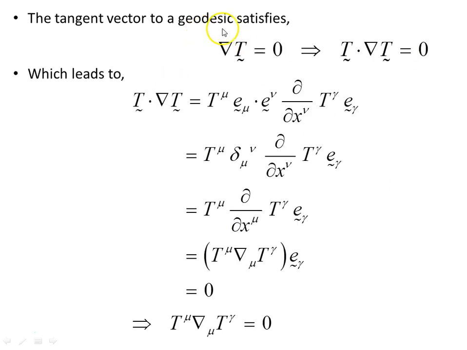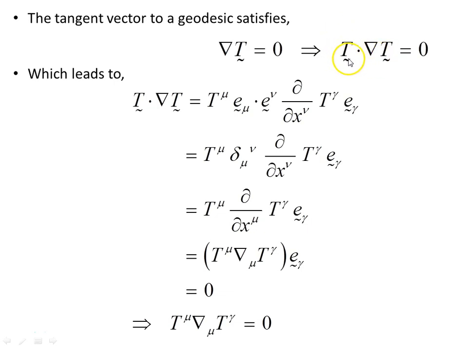Alright, now the tangent vector to a geodesic satisfies the condition that the covariant derivative of the tangent is 0 and parallel transported, so that the scalar product t dot del t is 0, meaning that the object is parallel transported in the direction of the tangent vector, hence t dot t.